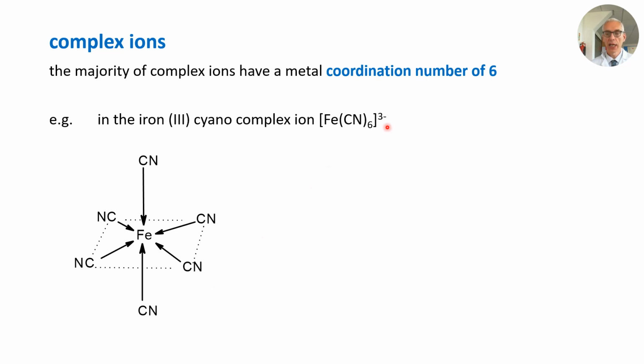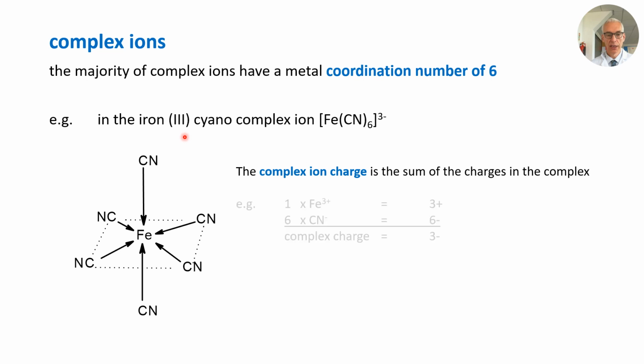How do we account for the 3- charge on the complex? Well, it's very simple. The complex ion charge is the sum of the charges in the complex. So we know that as it's iron(III), the charge on the ion is 3+. We know that each cyanide ion has a 1- charge, so there's 6 of those, a total of 6 negatives, 3 positives and 6 negatives.